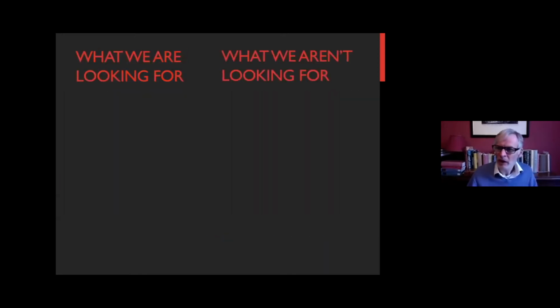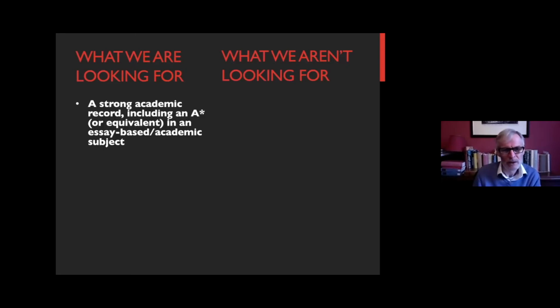So to come back to what Cam was talking about, and in some ways just to double down on that, what are we looking for in an applicant for History of Art here at Cambridge? Well, as Cam has already said, we're looking for a strong academic record. And we would expect, in a standard A-level offer, A-star, A, A, for the A-star or its equivalent, if you're doing a different examination system, to come in an essay-based or academic subject.